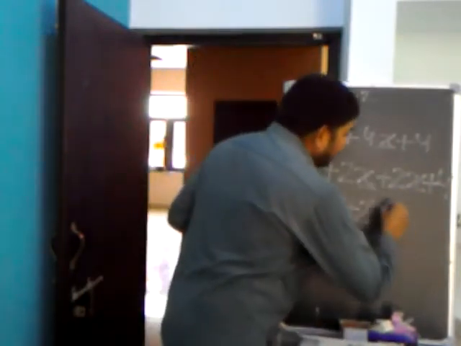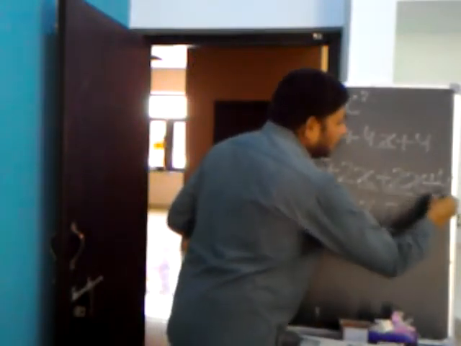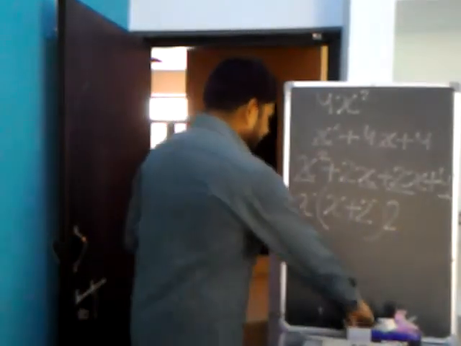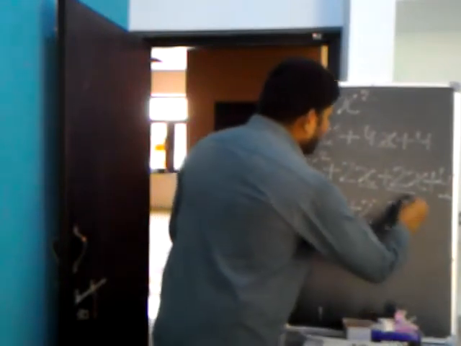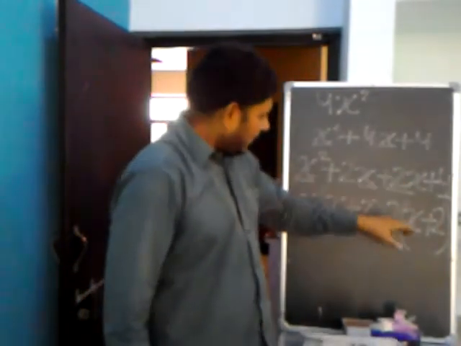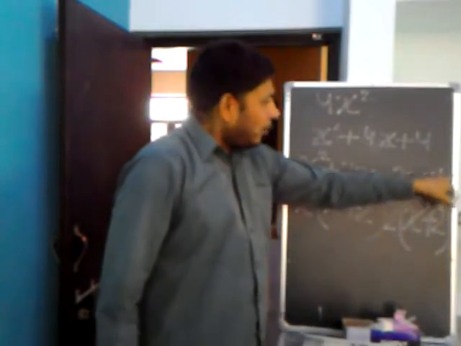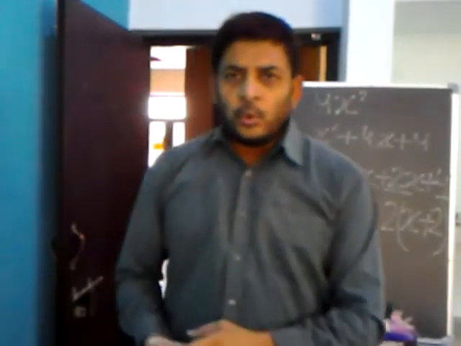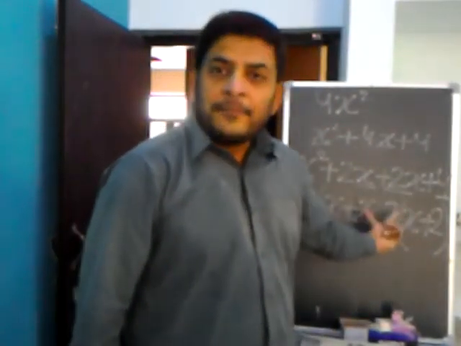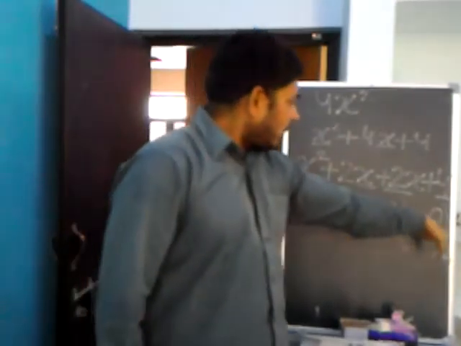From here I can take common 2, because 2 and 4 both can be divided by 2. So I take 2 as common, and I will get x plus 2 again. Here 4 can be written as 2 into 2, and I took 2 outside as common, so I got x plus 2.